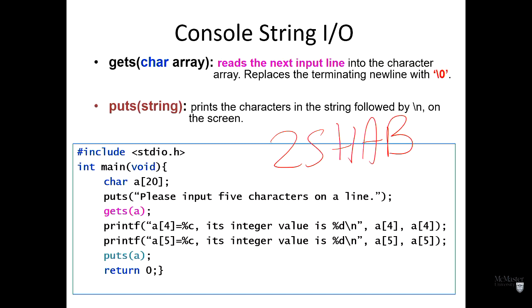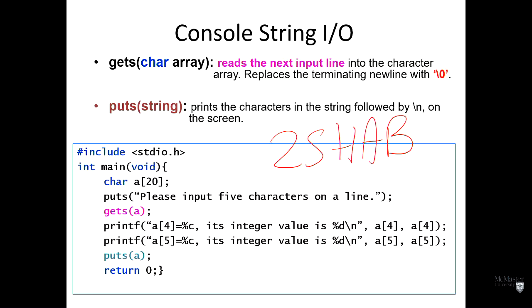So basically, your friend managed to get this here. Okay, so what is happening is the following. I write this code. As a user, I read this message, please input 5 characters on a line. I enter 2SHAB. And then gets A is reading this and putting it in the A array.